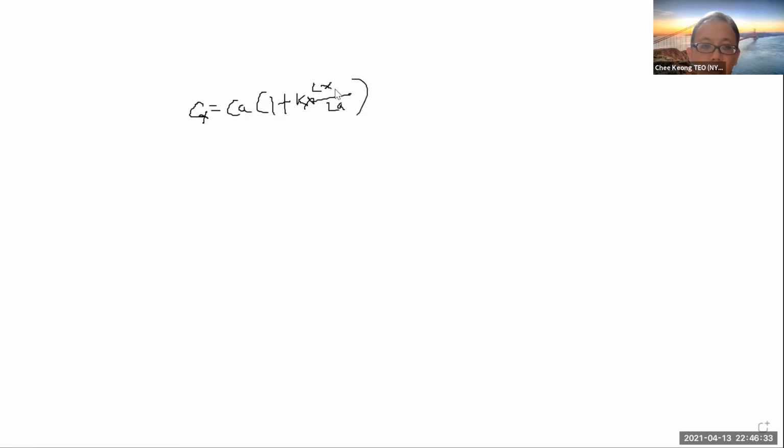Now what are all these terms? KX is the dielectric constant of the liquid. LX is the length of the probe immersed. So if you have a probe that is immersed into the liquid tank, this length will be called LX.